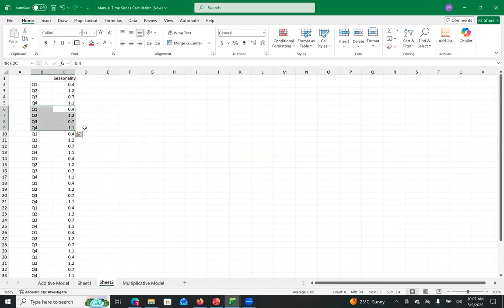It repeats itself after a fixed time. So if you look, all the quarter one values are the same, all the quarter two values are the same, all the quarter three values are the same, and so on.